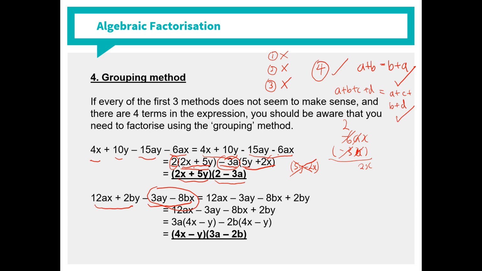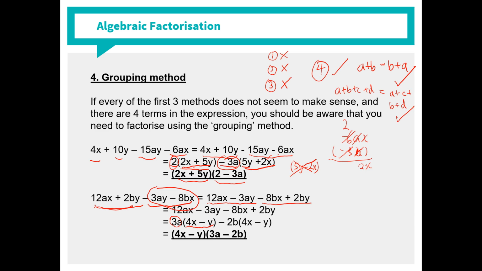So similarly, I will rearrange these four terms until it gives me a favorable group. 12ax and negative 3ay. And for the second group, I will get negative 8bx and 2by. Grouping them together, for the first group, I will take out 3a, ending up with 4x minus y.